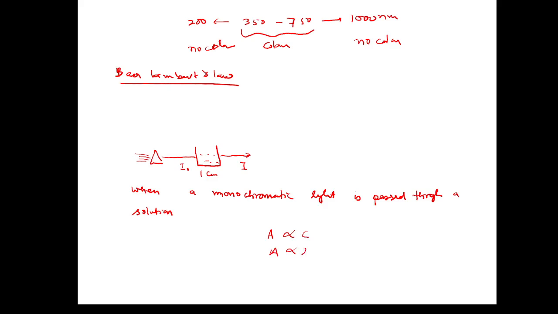Absorption is proportional to length. So that concentration, this is given by Beer's law, and absorption is proportional to concentration and length. This is called Beer-Lambert law.